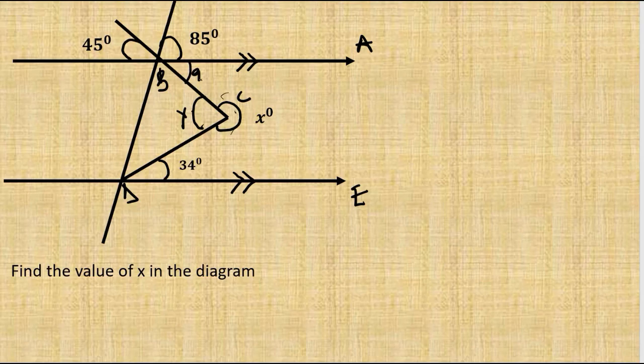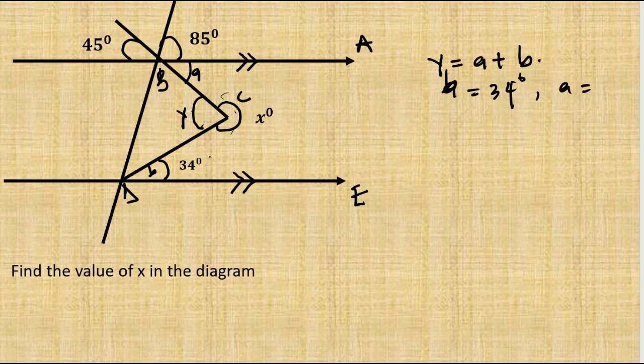Let's call this A and let's call this B, provided the M shape is formed by the transversals. From the M shape theorem, we can confidently state that Y is equal to A plus B. We've been given that B is equal to 34 degrees, so we must uncover what A should be.